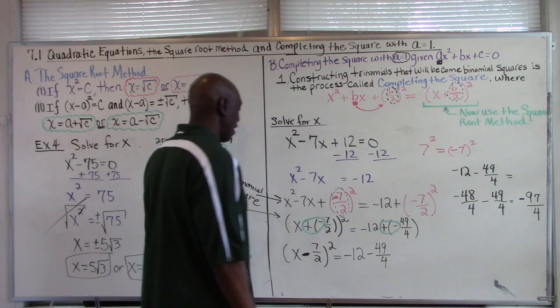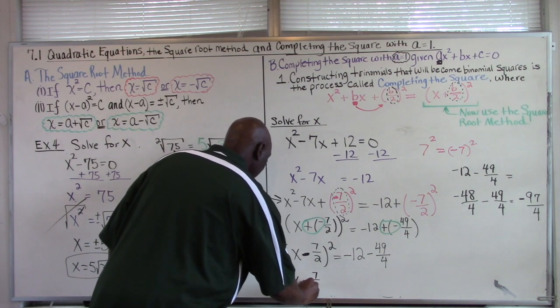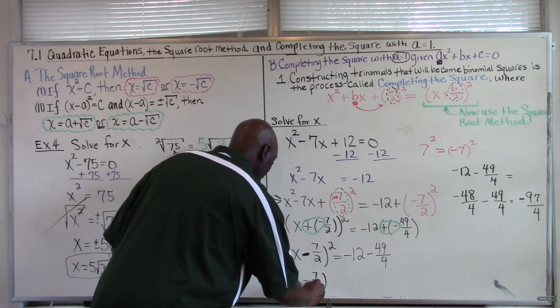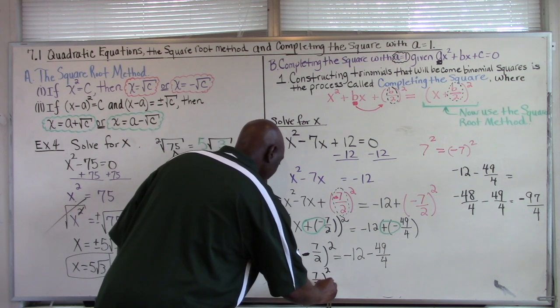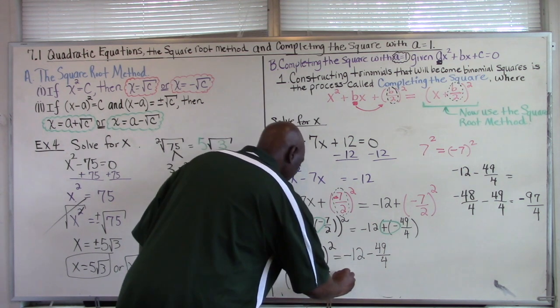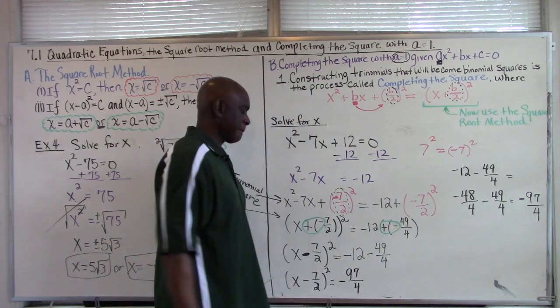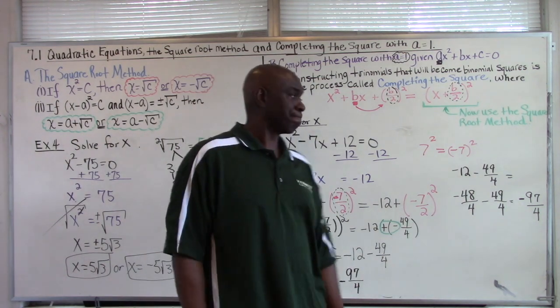All right? So we're going to have x minus 7 halves quantity squared equals negative 97 over 4. All right?